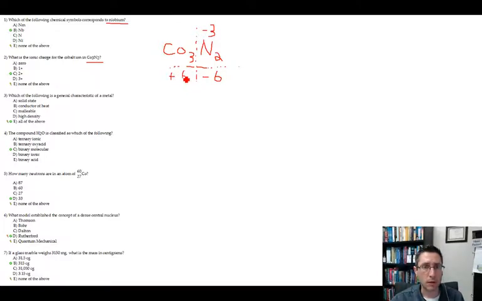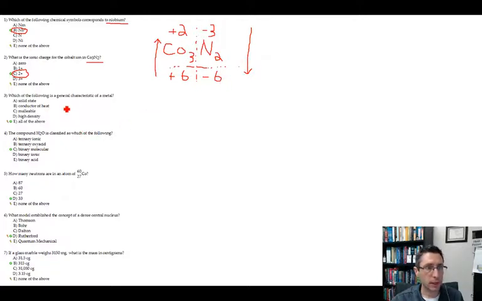So we multiplied going down this direction, and going up over here we're going to divide, so 6 divided by 3 gives us +2. So the charge on each cobalt is +2. If you were asked to name this, you would have to specify that 2 as a Roman numeral. This is the cobalt(II) ion, or cobalt(II) nitride.